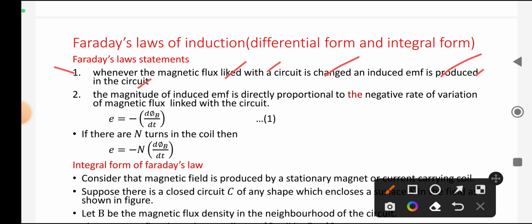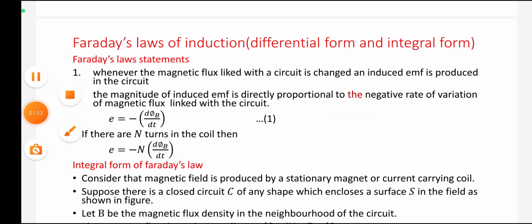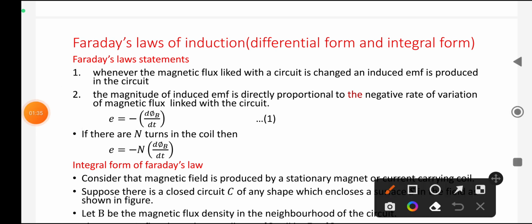Suppose it is one circular coil, and there is a magnet having a north pole and a south pole. Bring this magnet towards it. First you must know the properties of a bar magnet.